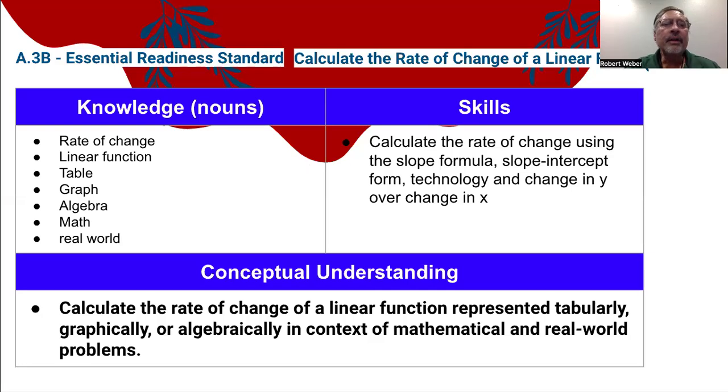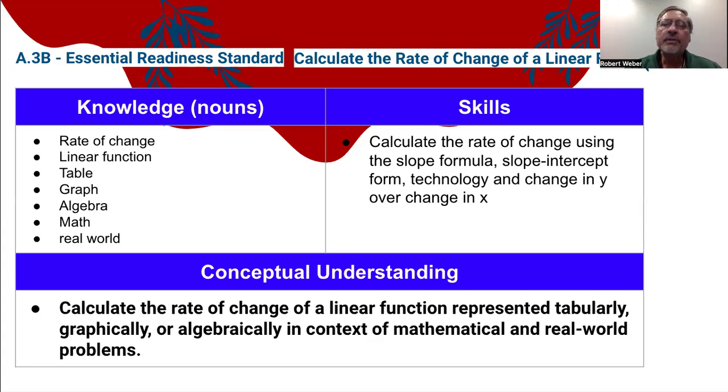A3B is also an essential readiness standard, calculating rate of change or slope of a linear function. Huge, huge, huge skill. Knowledge from that: rate of change, linear functions, tables, graphs, algebra, mathematics, and the real-world examples.